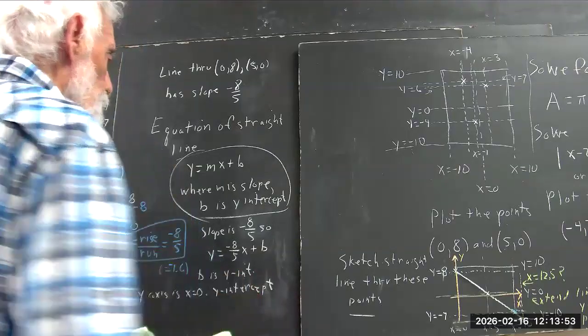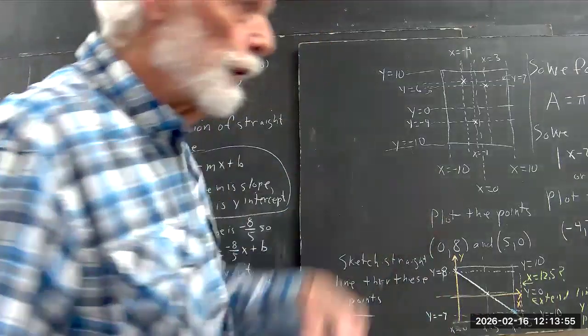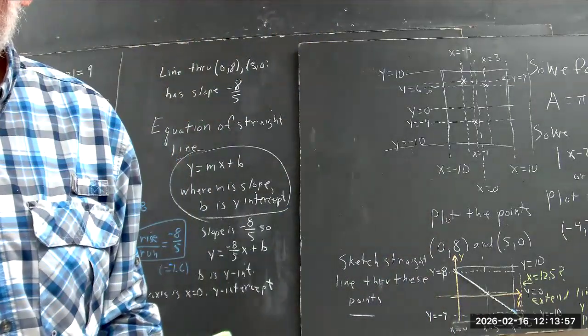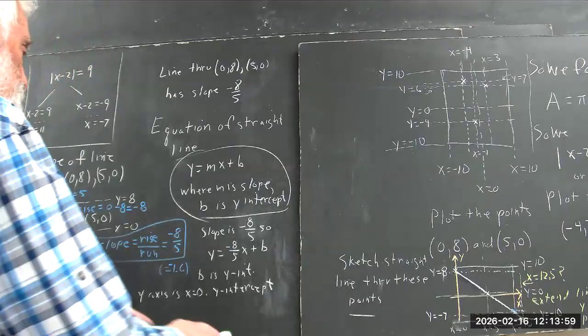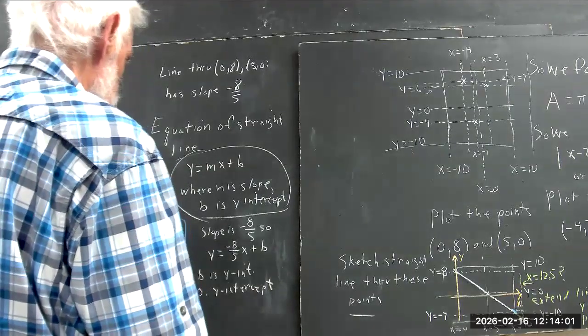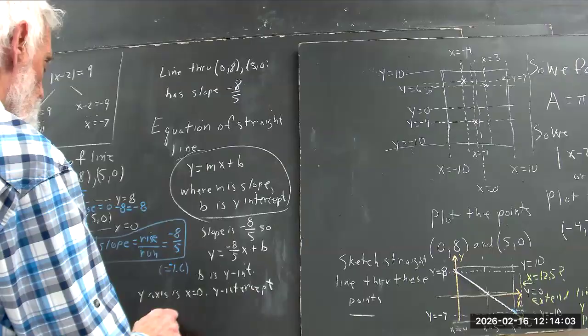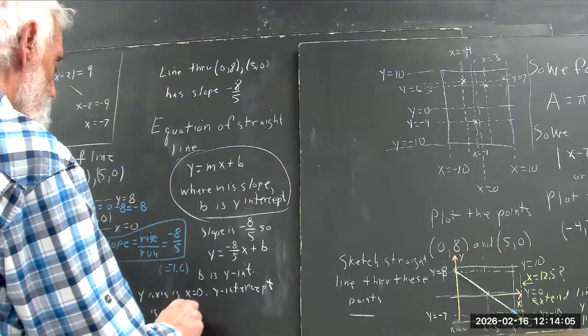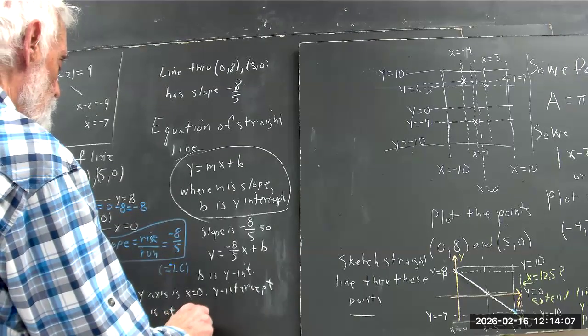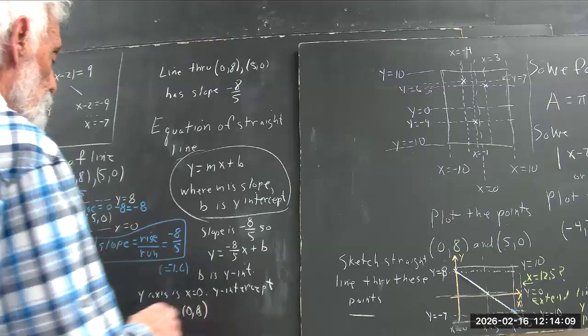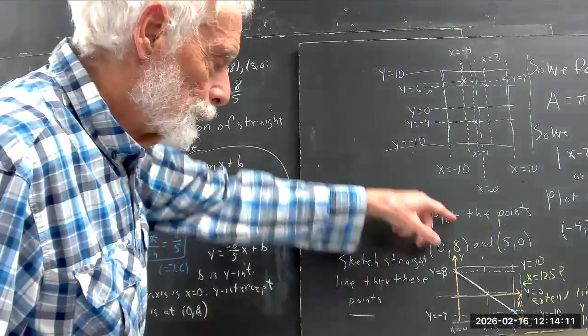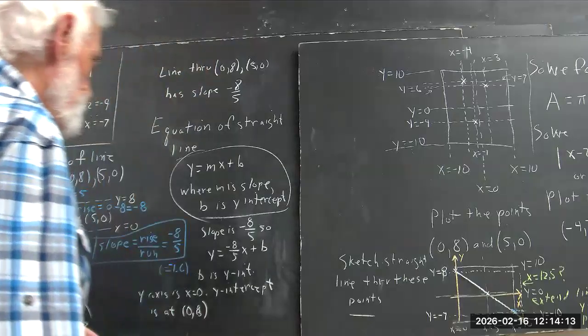The y-intercept is where the line intercepts the y-axis. Okay? It's at the point 0, 8. X equals 0, y equals 8.